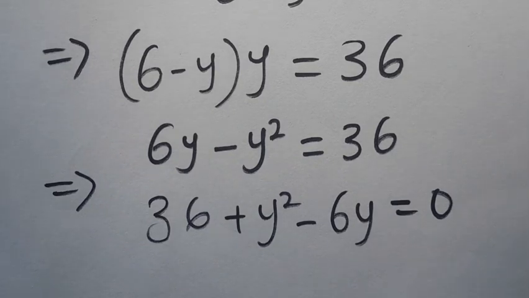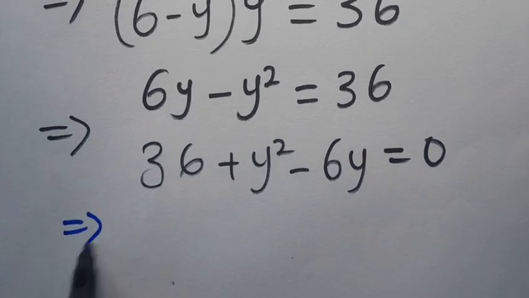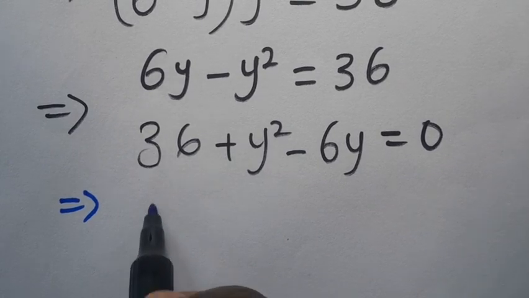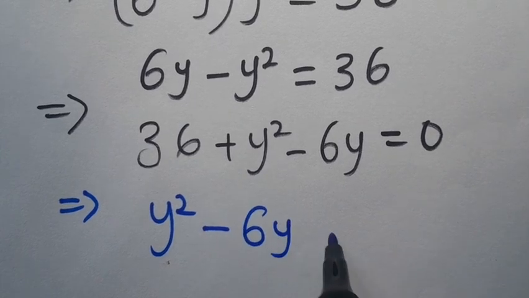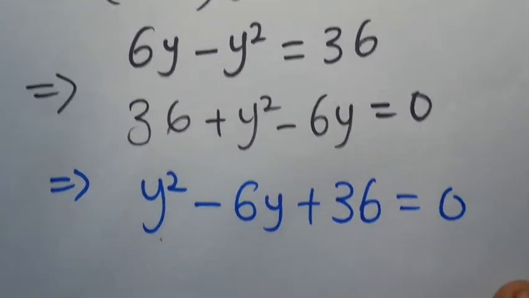So from here we can have y squared minus 6y plus 36 equals 0.